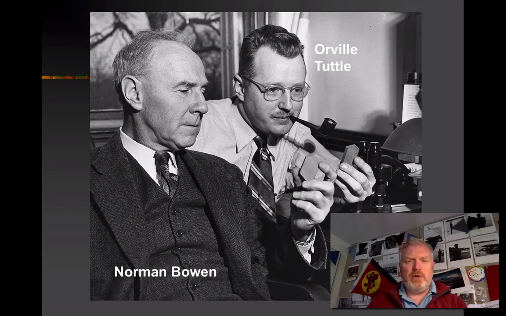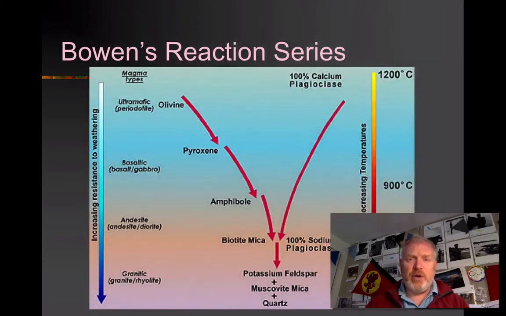Now, these two geologists were working on the experimental reconstruction of crystallization processes. And the result of this experimentation is a really important idea in understanding igneous rocks. It's an idea we call Bowen's reaction series.